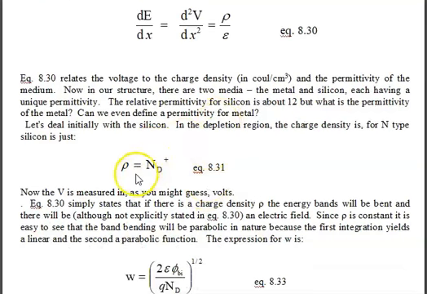Okay, just to reiterate, for an N-type material, the fixed charge density is equal to the donor density, assuming all donors are ionized, and it is positive.